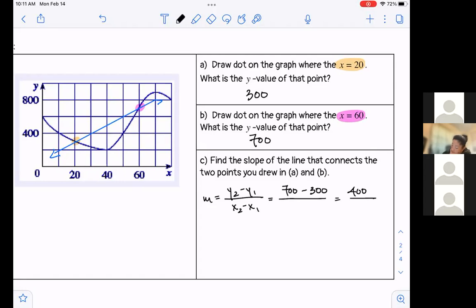Great, 60 minus 20, that gives us 40. All right, and so if we reduce here, we end up with a slope of 10. All right, not too bad, right?